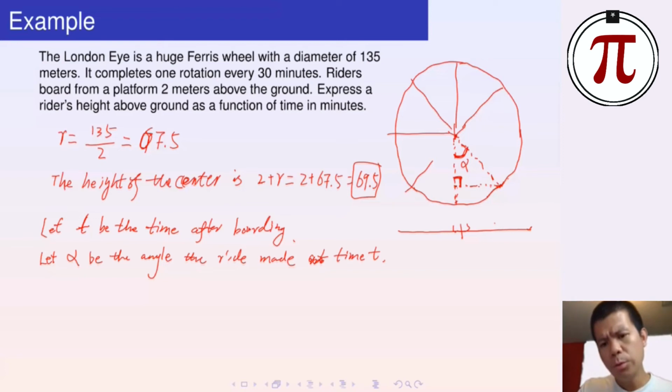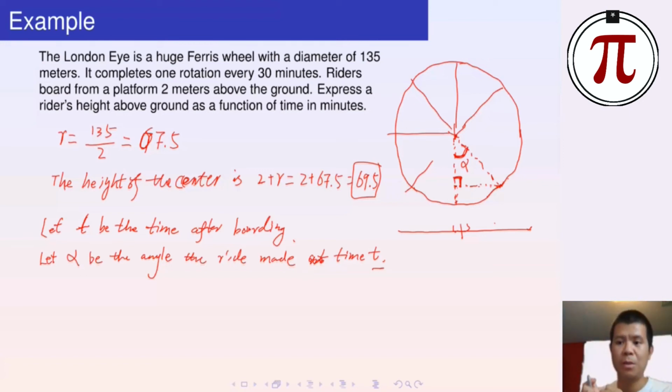Now, since this wheel will rotate, how long does one rotation take? One rotation is 30 minutes. So if it's t minutes, what is going to be the angle? We need to know the speed of the rotation.